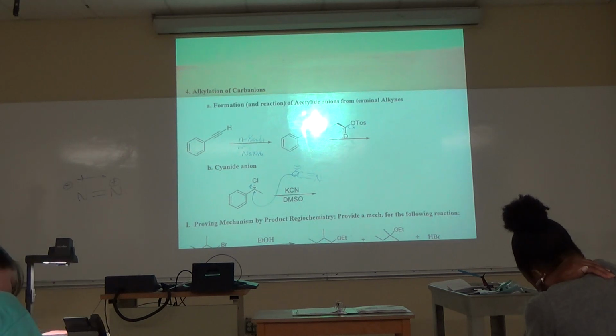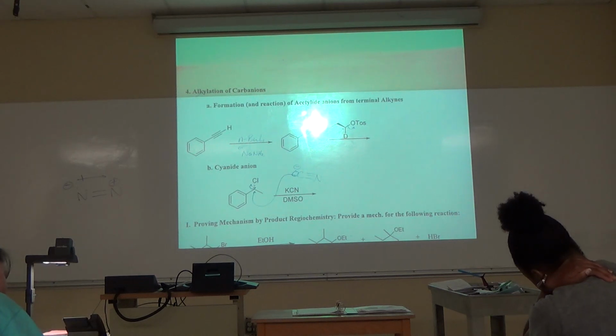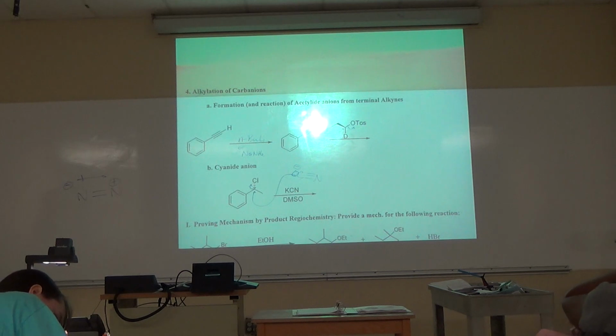What do we know about backside attack? Okay. Yes. I don't know if you hear it described like that. But you're exactly right. The umbrella does what? Inversion. Yeah, inversion. You can go with umbrella effect if that works.